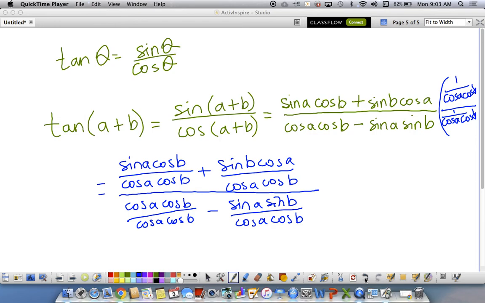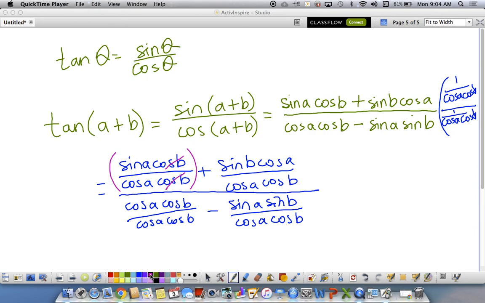Now, let's start looking at what can reduce in each piece. So in this first piece, what can reduce? Cosine B divided by cosine B is what? So what does sine A over cosine A turn into?